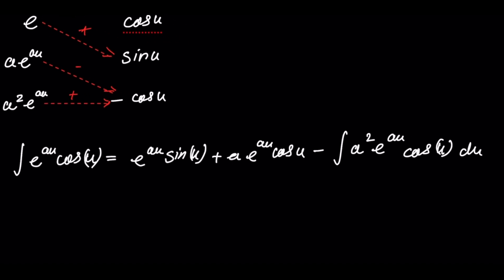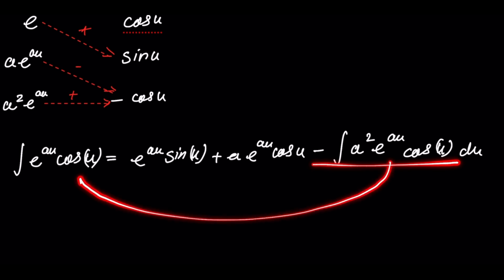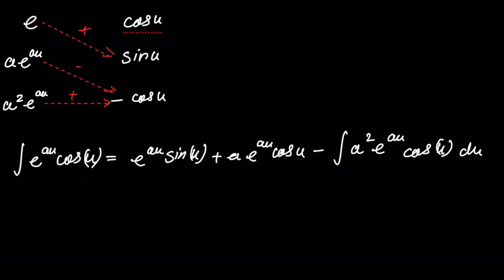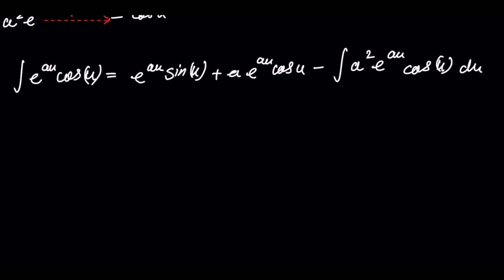Since we are integrating with respect to u, we can take a squared out of this integral sign here. And then you'll be taking it towards the left-hand side of the equation. So you'll get this.